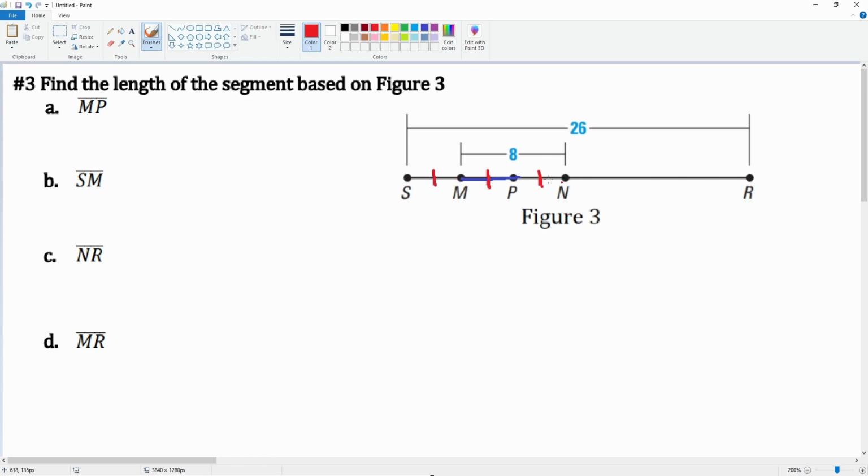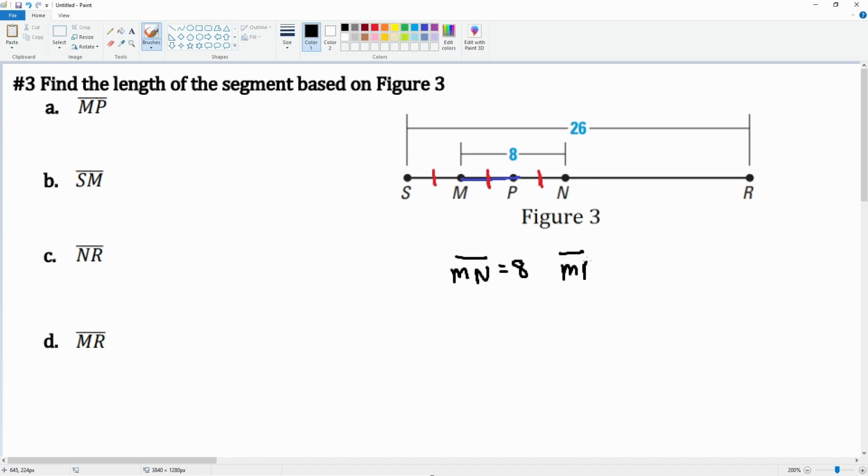So if the whole thing here of MN is equal to the value of 8, we know that each piece right here will split it in half because these two red marks mean that they're congruent.